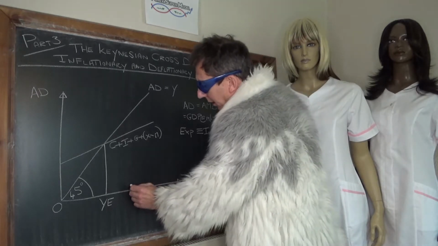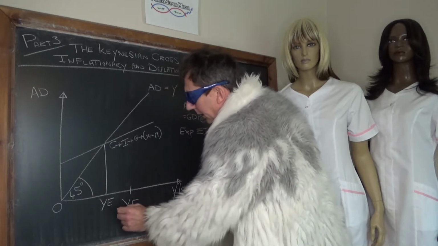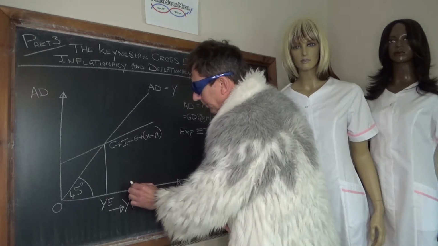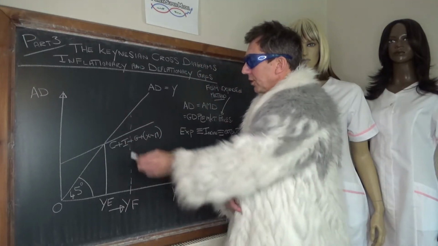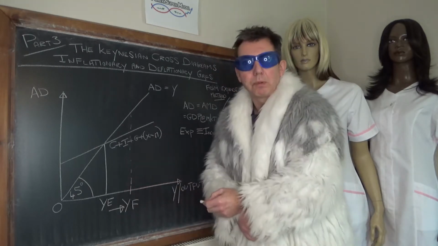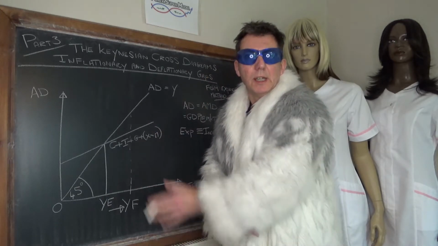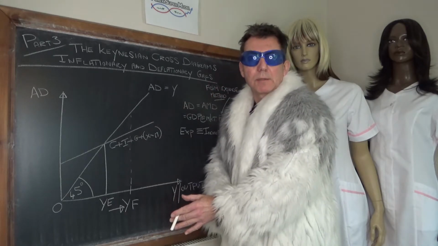So if we've got like YF here, income for full employment up here, then we've got a situation where we don't have enough C plus I plus G plus X minus M to achieve full employment. Therefore, we've got underutilized resources. We're not operating particularly efficiently. We've got welfare payments. We've got a reduction in the tax base, etc.